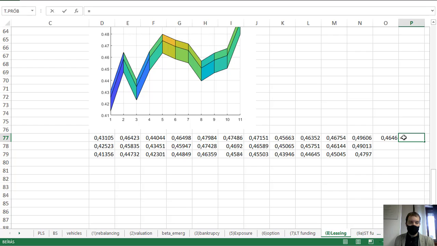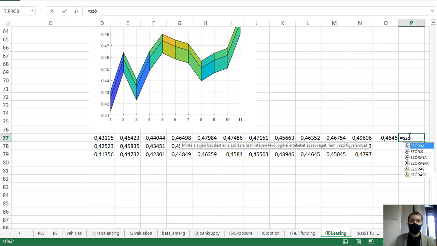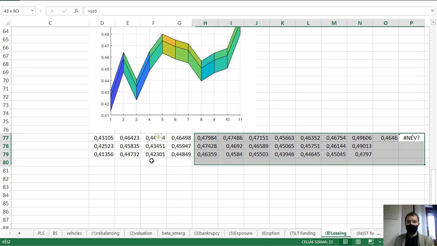And also the standard deviation. But actually we can do it in MATLAB.